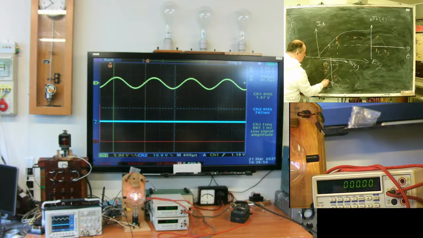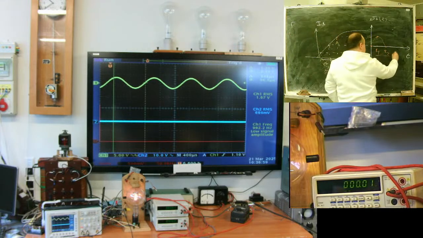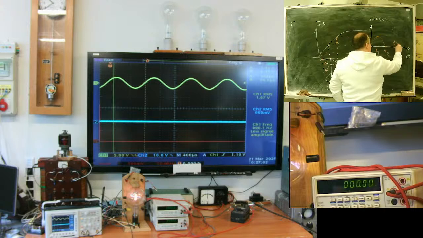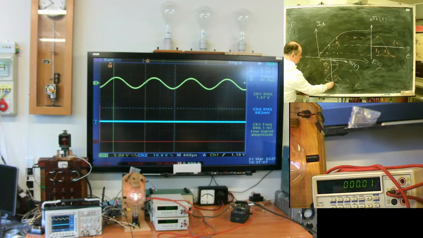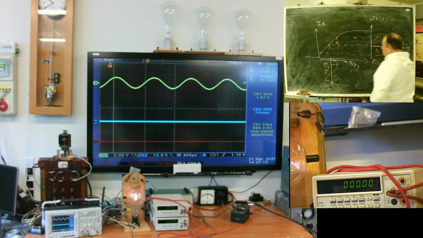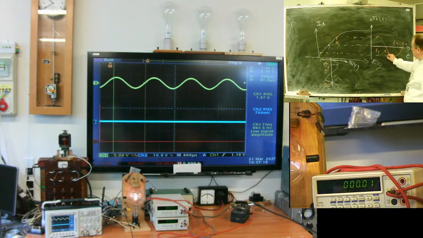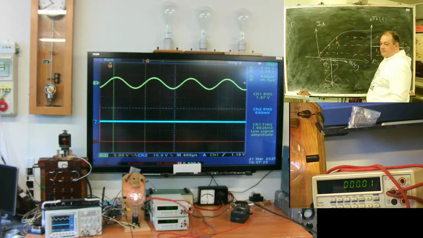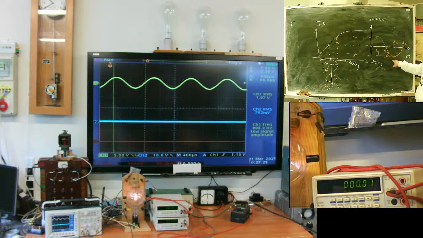This one, T3. And here is my T4. Do you understand how I created this chart? Current follows a voltage. Yeah?